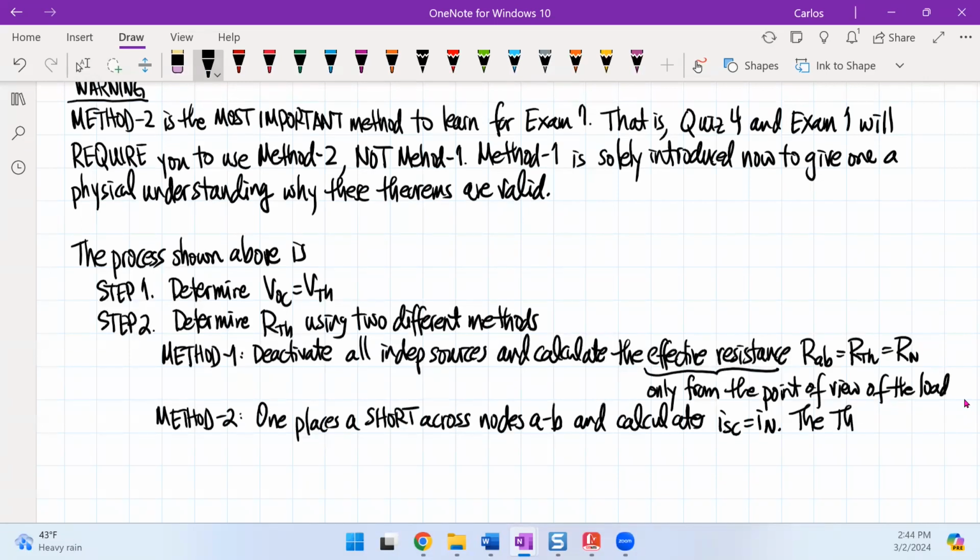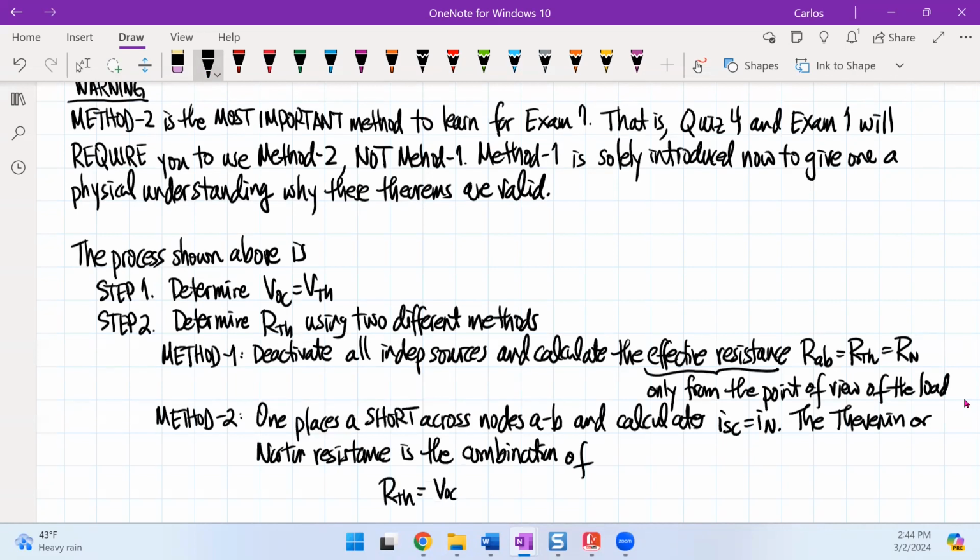The Thevenin or Norton resistance RTH is going to be VOC divided by I short circuit.